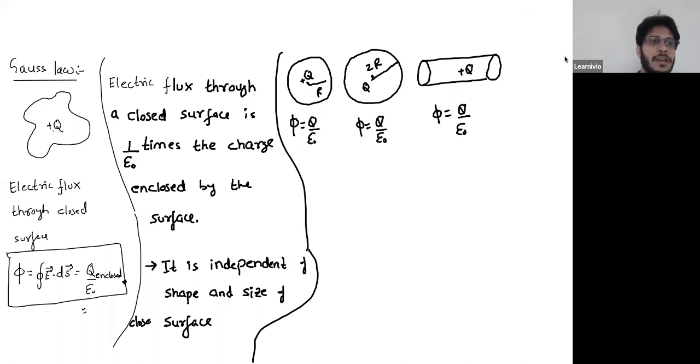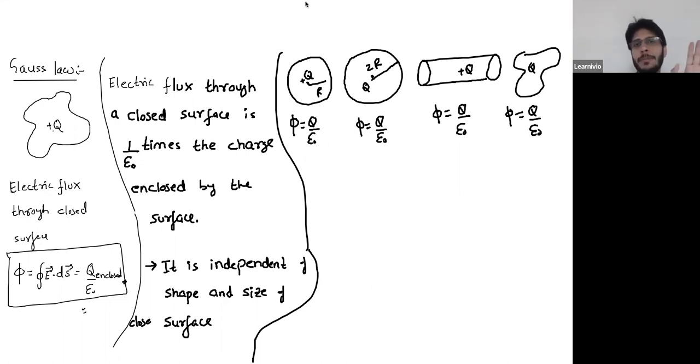If instead of a cylinder, I take any arbitrary shape and put a charge q within it, then again the flux through the surface is q by epsilon naught. So this result depends only on the nature of the closed surface and the charge enclosed. It's absolutely independent of shape and size of the surface.